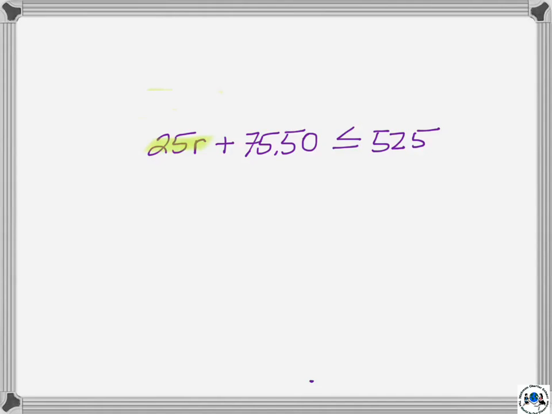There's a one-time fee of $75.50 for the insurance, and all of that together had to be less than or equal to $525, because the problem said it had to be no more than. So no more than means less than or equal to. I'm going to push the button here, and we'll get a high-speed solving of this inequality, and hopefully yours looks very similar.